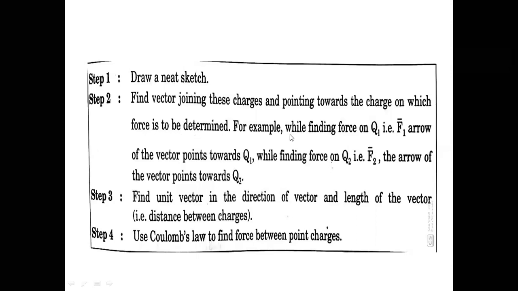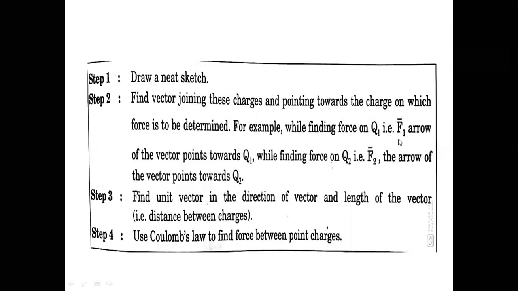For example, while finding the force on Q1, that is denoted with F1. So F1 is nothing but the force on Q1. The arrow of the vector points towards Q1.